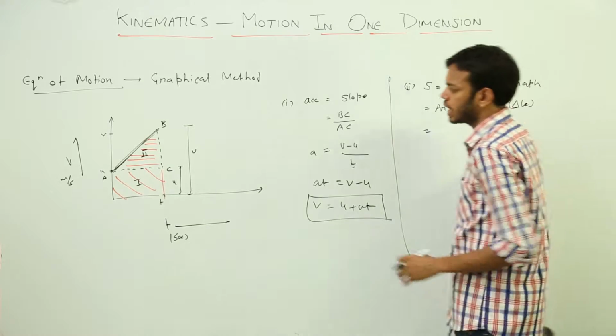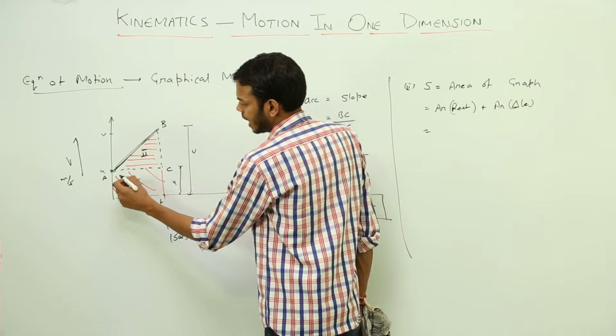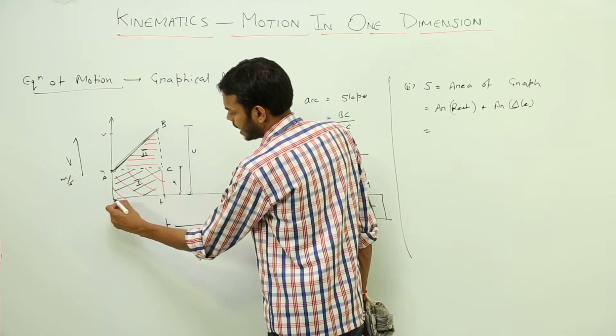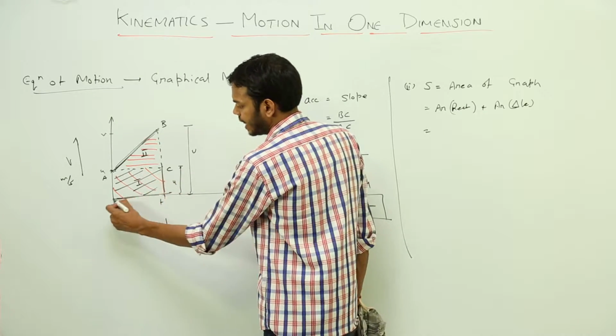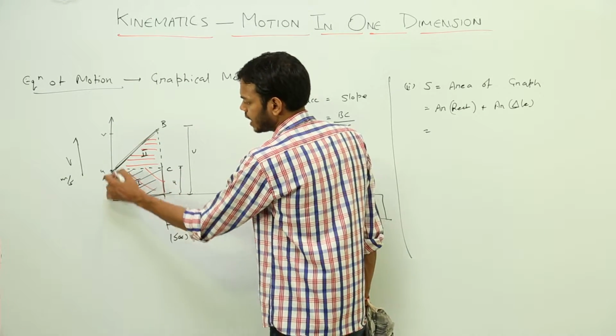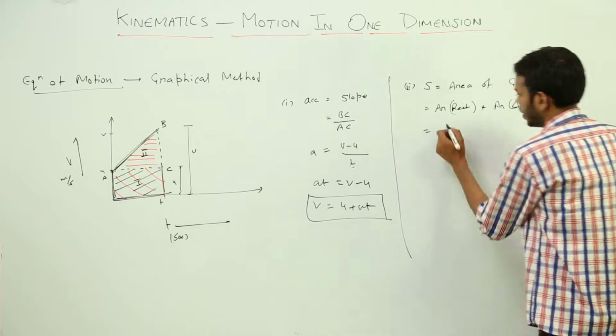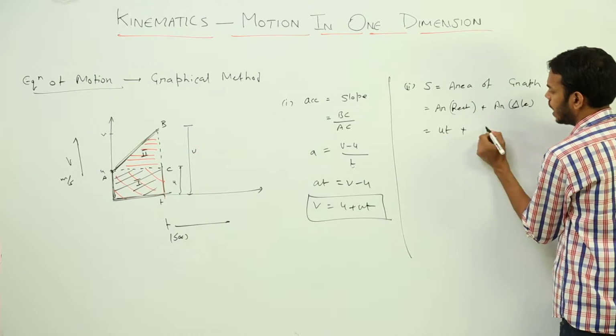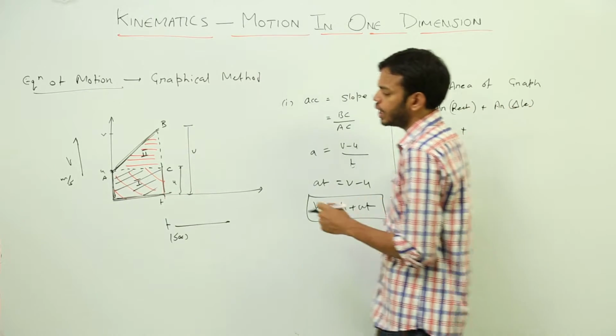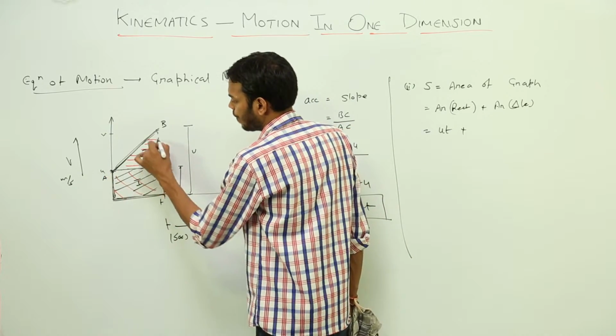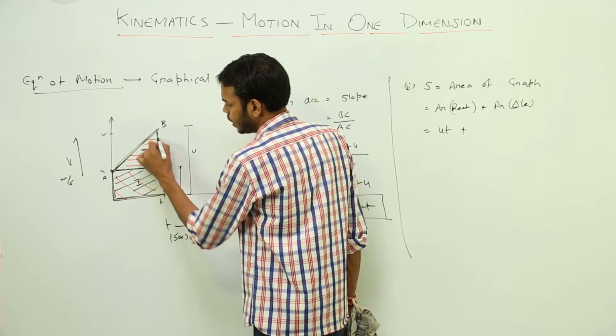What is the area of this rectangle? It is length into breadth. The length is T, and the breadth is this height, which is U. So UT, plus the area of the triangle, which is half into base into height.